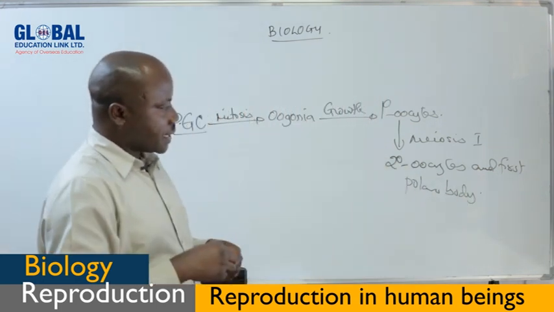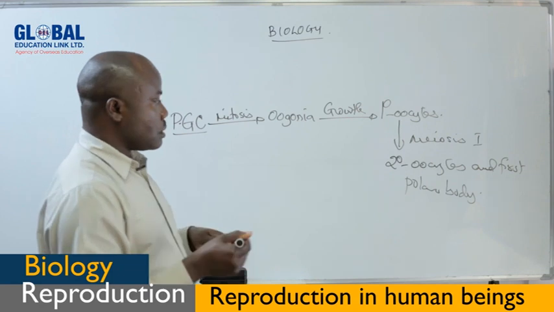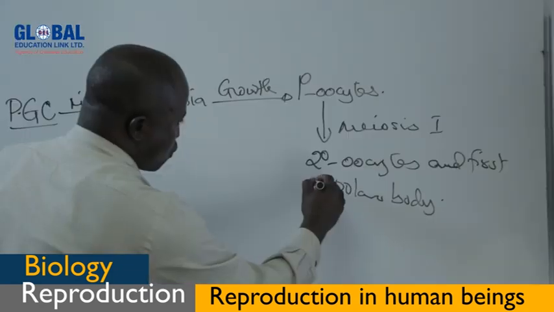The secondary oocyte undergoes meiosis 2, producing the ootids.